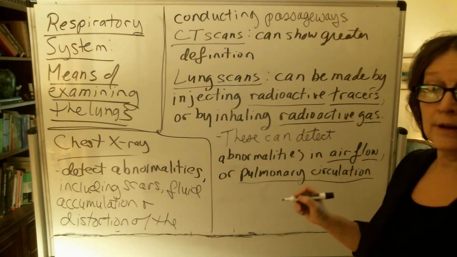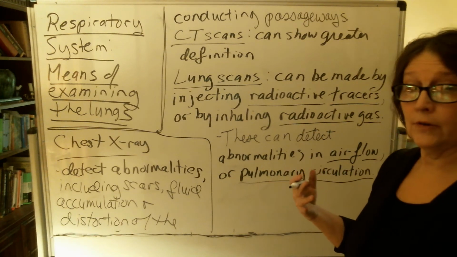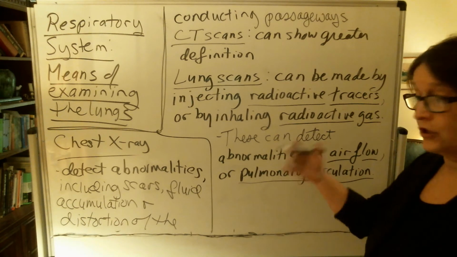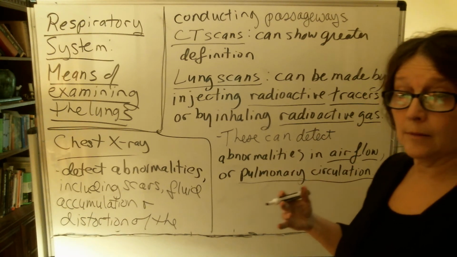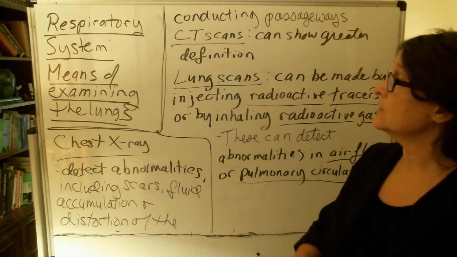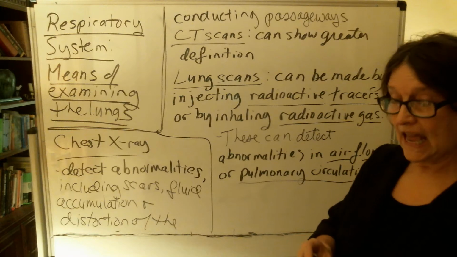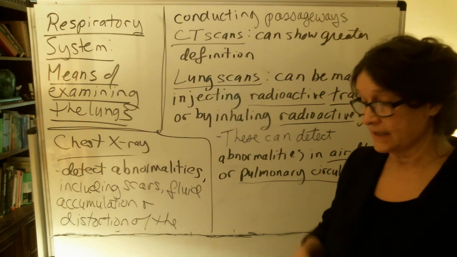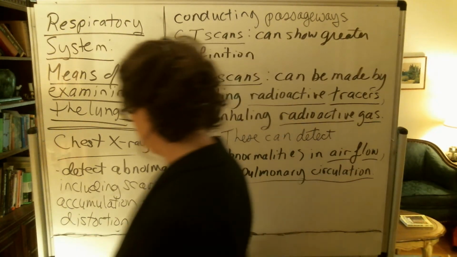If you inhale the radioactive gas, you'll see the airflow very well. If you have the radioactive tracer injection, then you will see the circulation in your pulmonary blood vessels very clearly. So that is looking at the whole lung, the whole bronchial tree at once. We can also take close-ups.